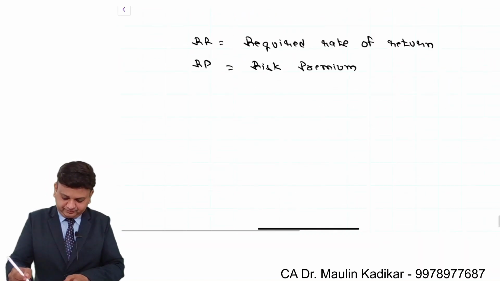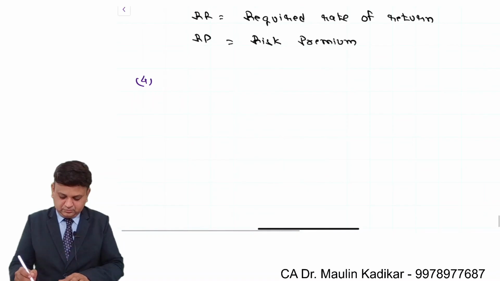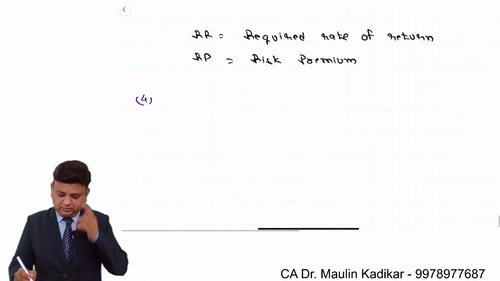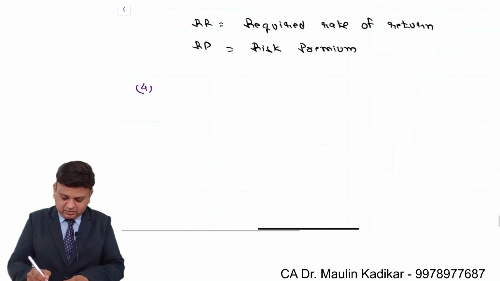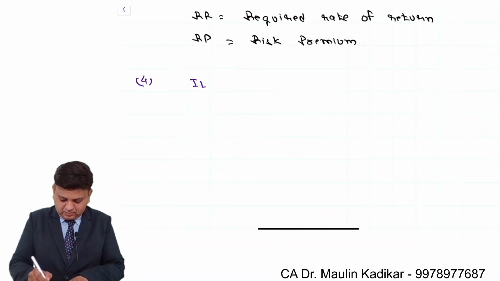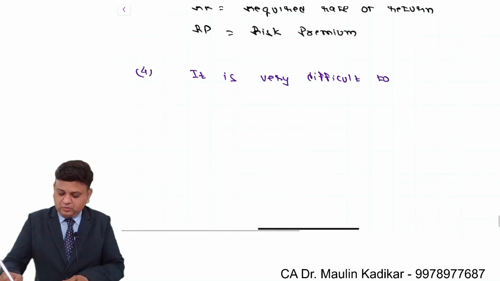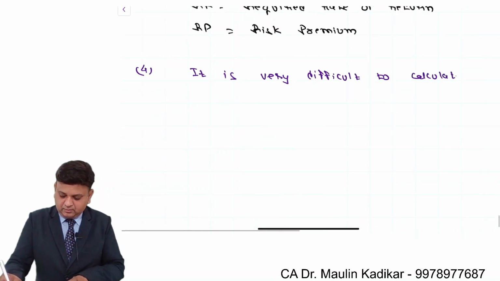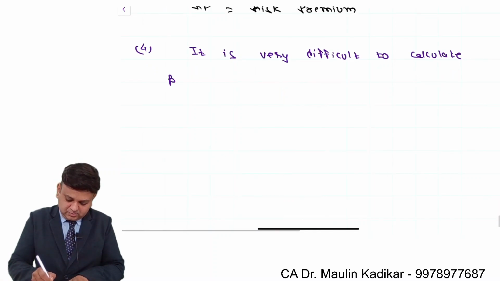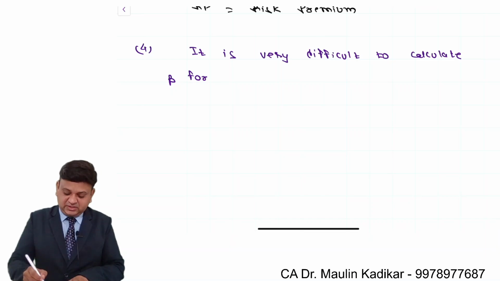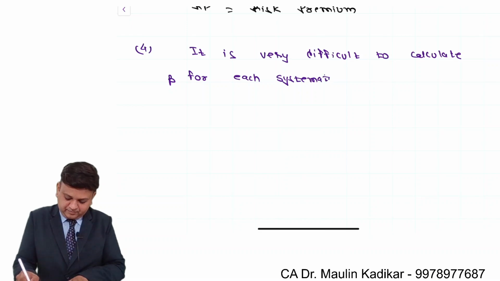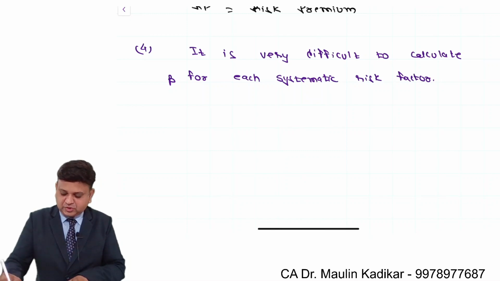Fourth point: in that, write down, it is very difficult to calculate beta for each systematic risk factor. Full stop.